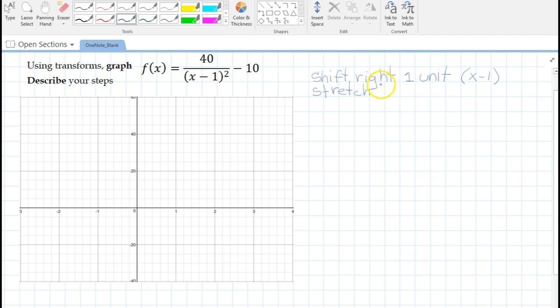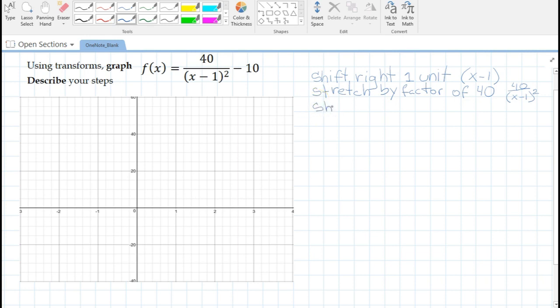Now, our second step is going to be a stretch by the factor of 40 because we are dividing by 40. It means I'm really going to stretch it. That is coming from here, 40 over x minus 1 squared. The third step that we're going to describe is shifting down by 10.